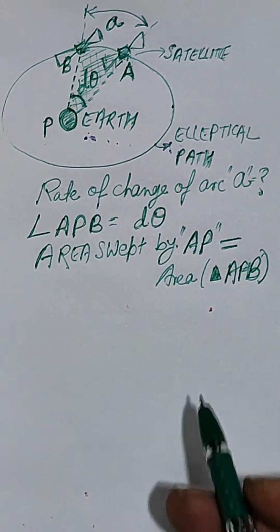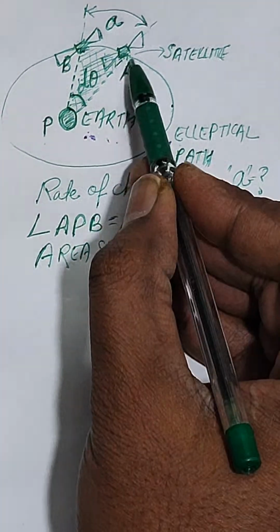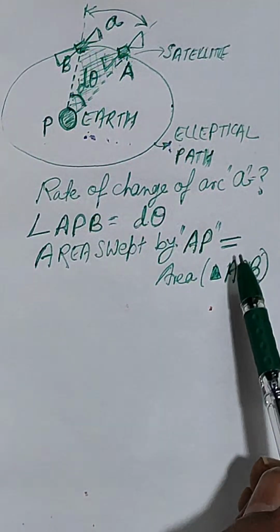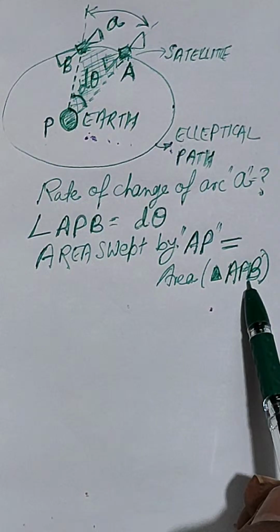Now the area swept by AP will be equal to the shaded area, and that is equal to the area of triangle APB.